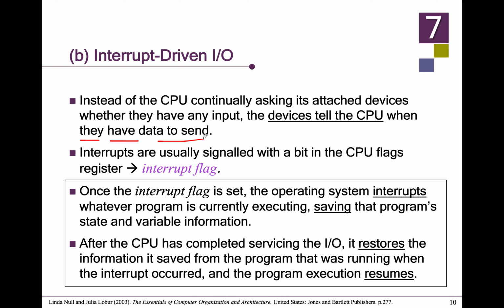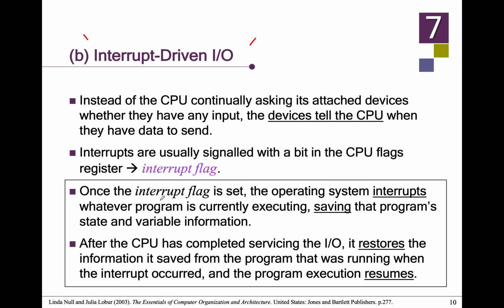So the device itself informs the CPU when it has data to transfer. Interrupts are usually signaled with a bit in the CPU flags register, so it's called the interrupt flag. I guess you already looked at several kinds of flags. So the interrupt flag is generated under the interrupt driven I/O method.